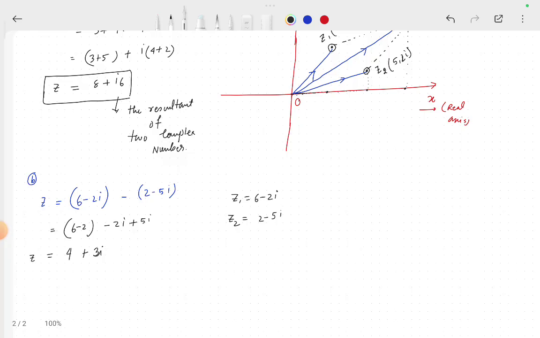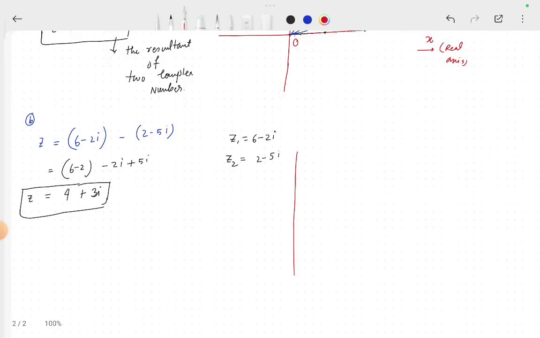This is another representation of two complex numbers, and I want to represent it in a graphical way. This is the real axis and this is the imaginary axis, and this is the origin. First we represent the first complex number Z1.